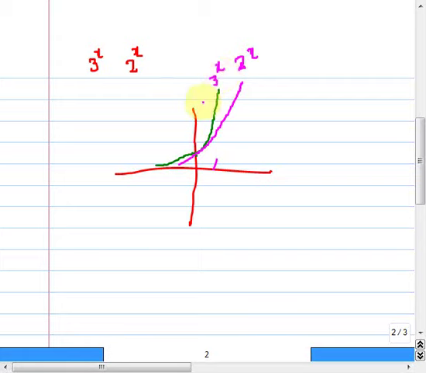As we can see, the plot of 3 to the power x is very rapidly going towards up infinity, and the plot of 2 to the power x is going to infinity with less speed as compared to 3 to the power x. This is a constant value where it cuts the y-axis, and this is called the y-intercept.